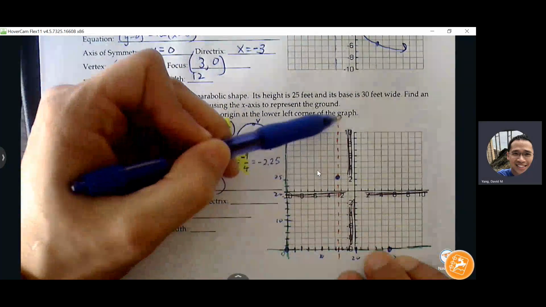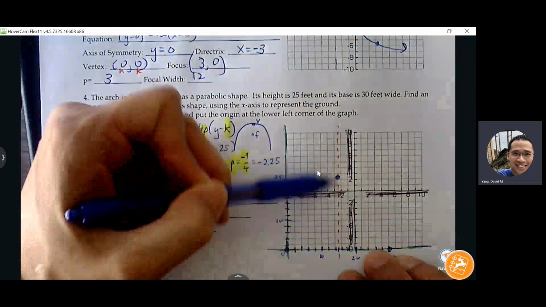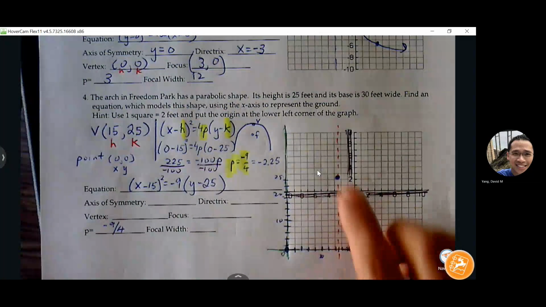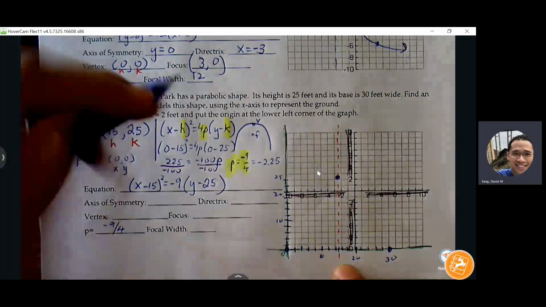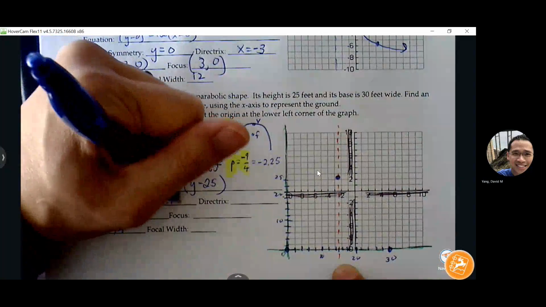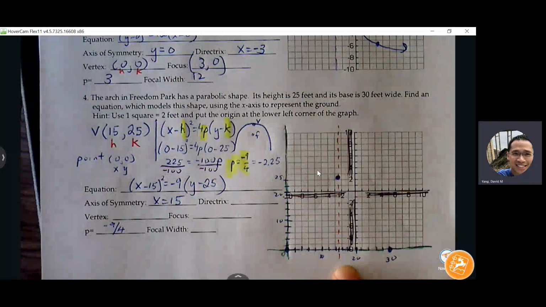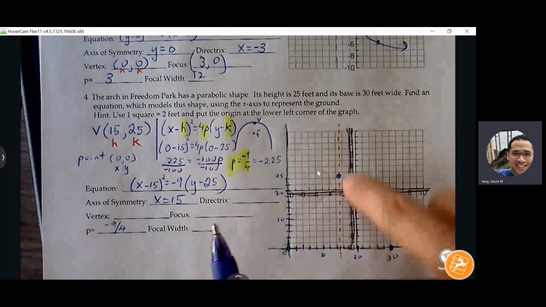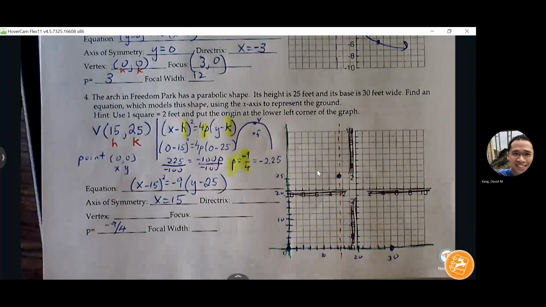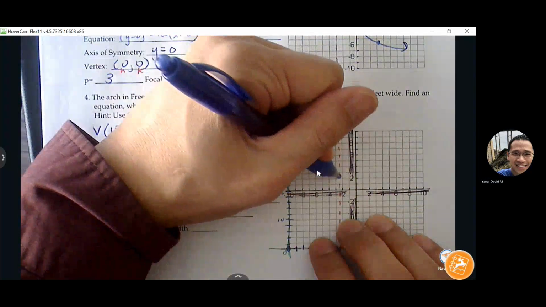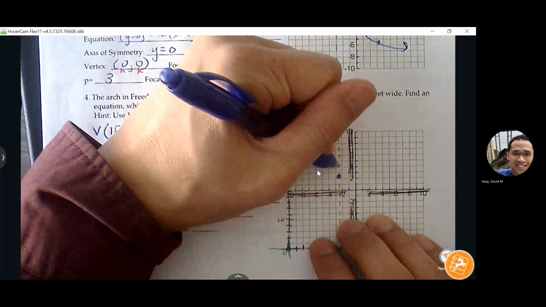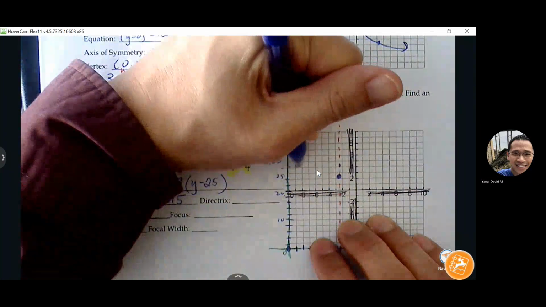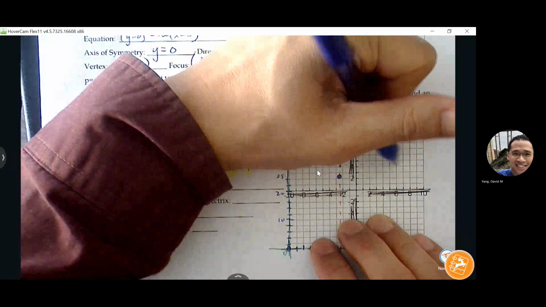Okay, axis of symmetry is right down that vertex line. So x equals 15. All right, directrix. I know I have to move up to get to my directrix because my parabola is here. So it's going to be outside. So we're going to go up 2.25 units. Kind of hard to tell.